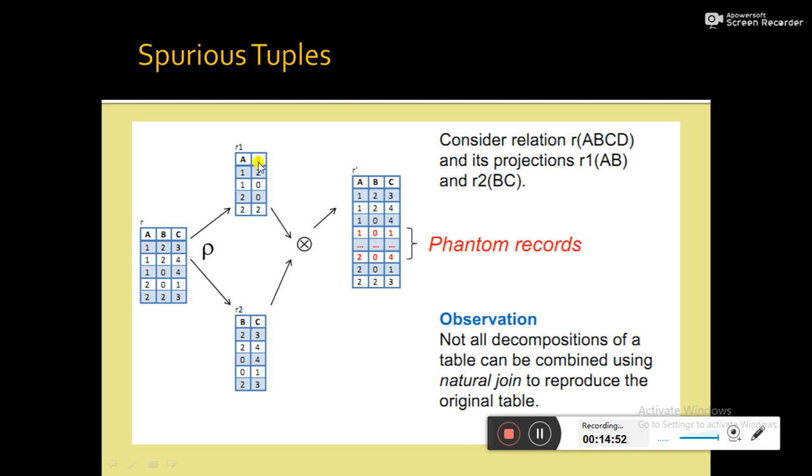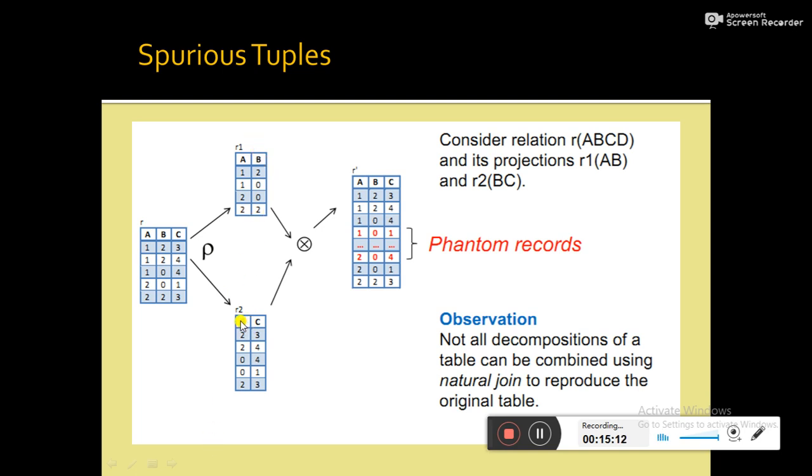Because we are performing the join operation between R1 and R2 based on the equality condition of the attribute B, B is the common attribute, which is neither a primary key nor a foreign key in any one of the relations.